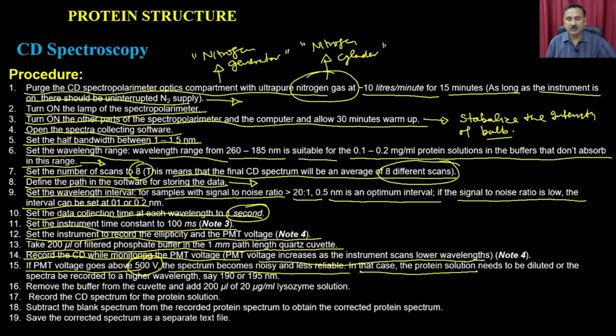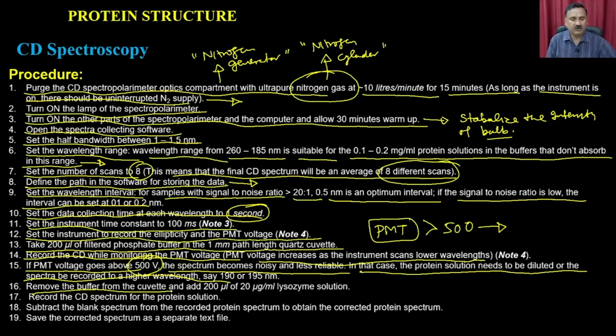In that case, the protein solution needs to be diluted or the spectrum recorded to a higher wavelength such as 190 or 195 nanometer. So PMT is very important, right, and it should not go beyond 500, because if it does, it is going to give you a less reliable spectrum.